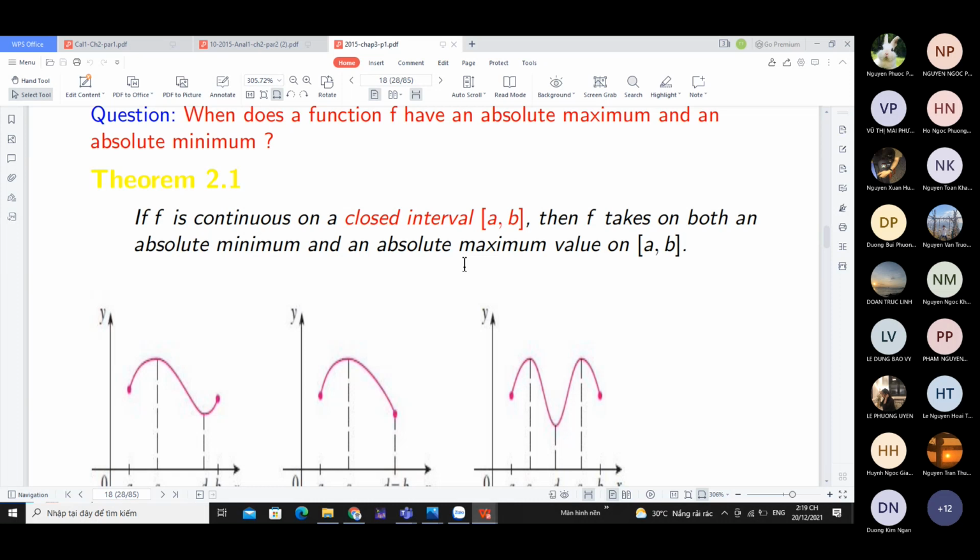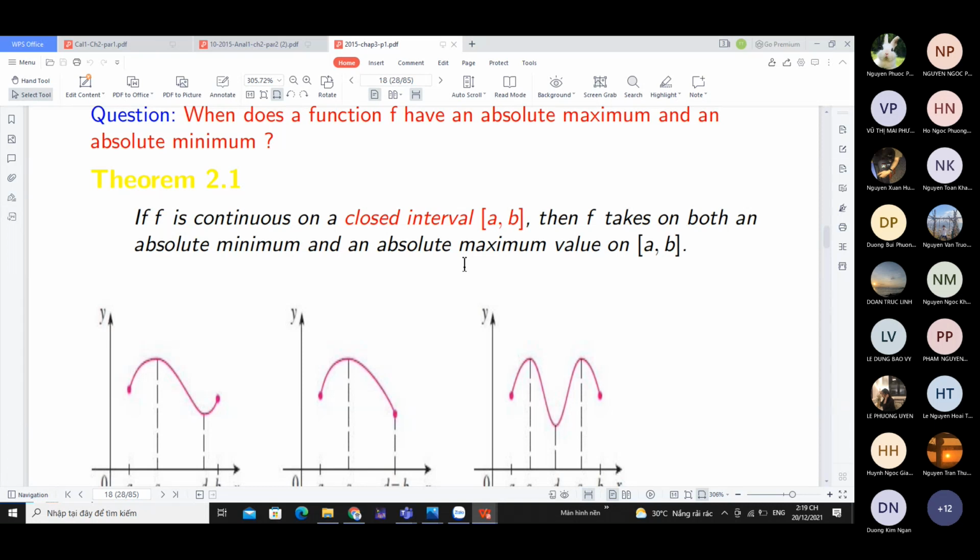The question now is how to find the absolute minimum and absolute maximum value of the function f on the closed interval AB. In the previous chapter, we just know that if the function f is continuous on a closed interval AB, then f has a maximum value and minimum value on the given interval.